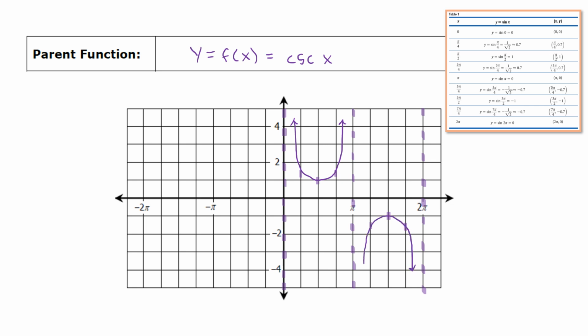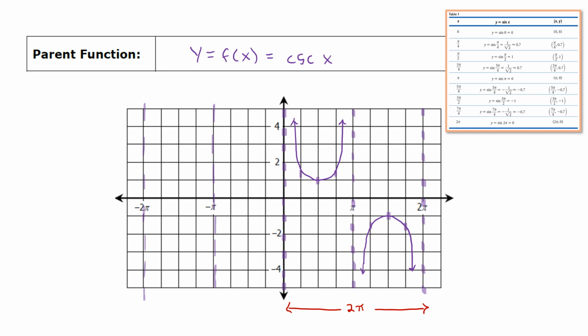So we know the period for sine is 2 pi. So the period for cosecant would also be 2 pi. So 1 complete cycle. So we can continue this process on the left-hand side of x equals 0. So let's draw our asymptotes at negative pi and 2 pi. And then continue the pattern.